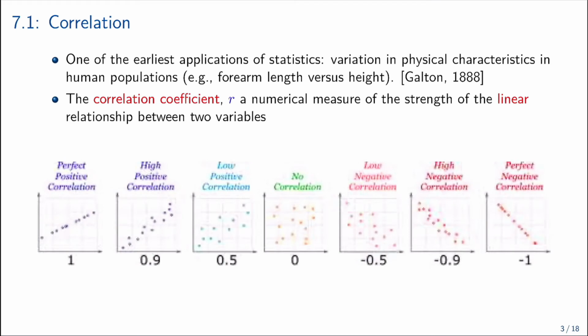One of the earliest applications of statistics was in the 1880s, and it was related to measuring the relationship between forearm length versus height of a person. Now the correlation coefficient, remember, is a numerical measure of the strength of a linear relationship between two variables. It only tells us how good is the linear relationship.